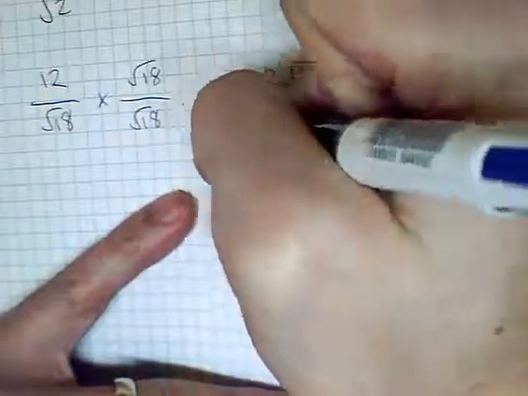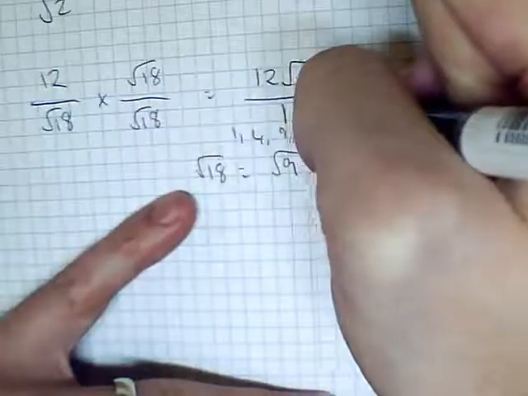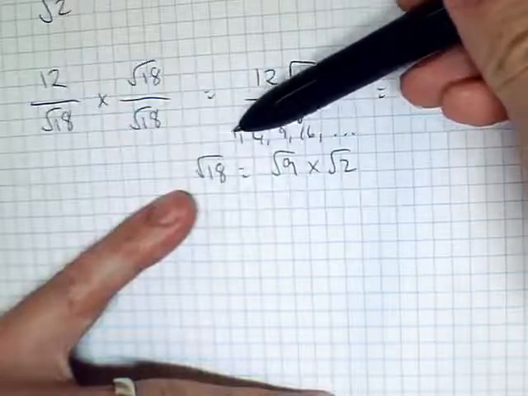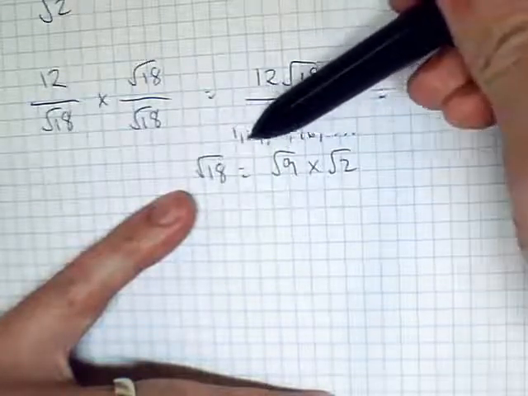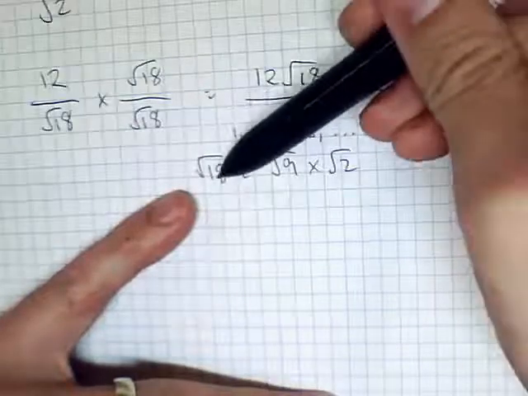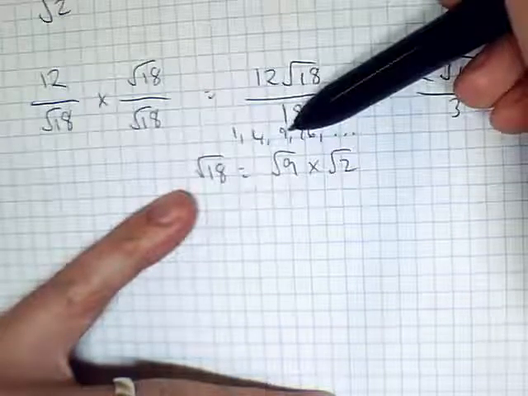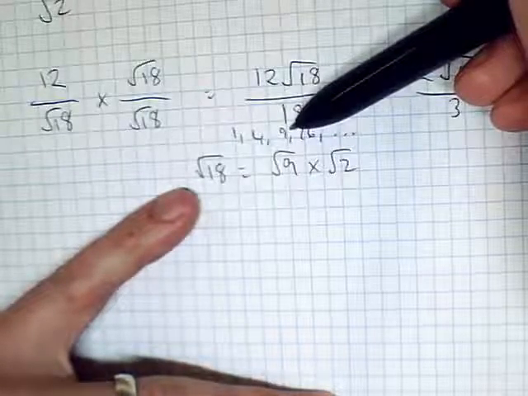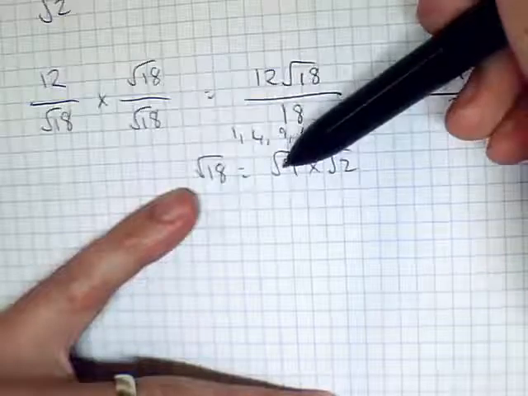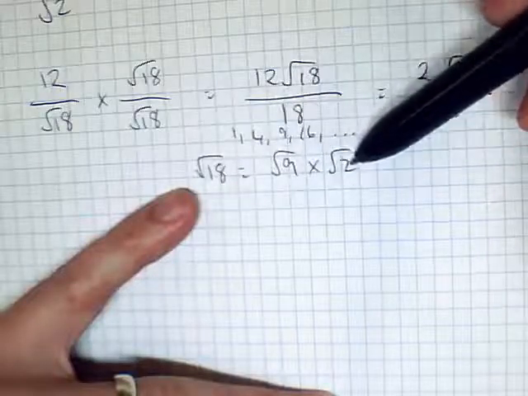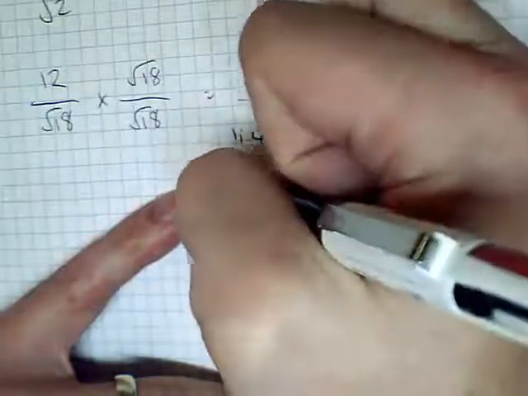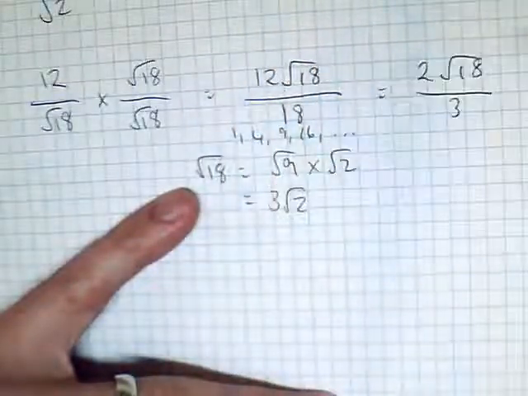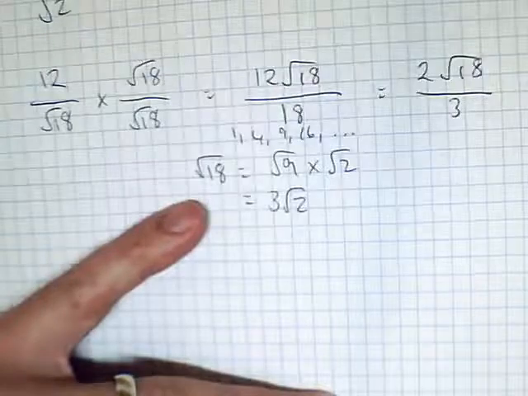So if you think about your square numbers, 1, 4, 9, 16, and so on, all I've done is picked a square number that divides into 18, so that's 9. And I thought, right, 9 times 2 gives me 18. So I've rewritten root 18 as root 9 times root 2. Now the square root of 9 is 3. So simplifying that, I can write that as 3 root 2.